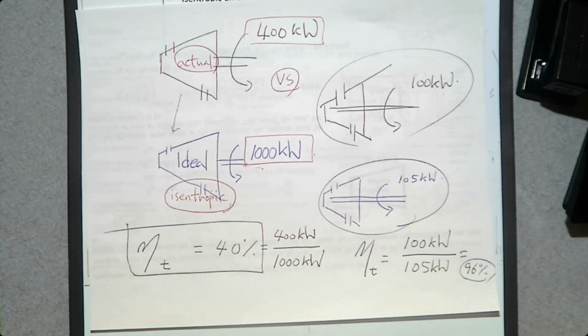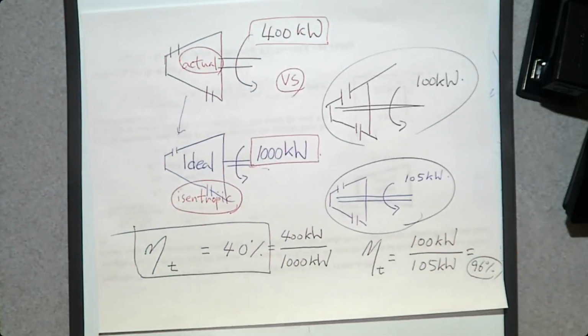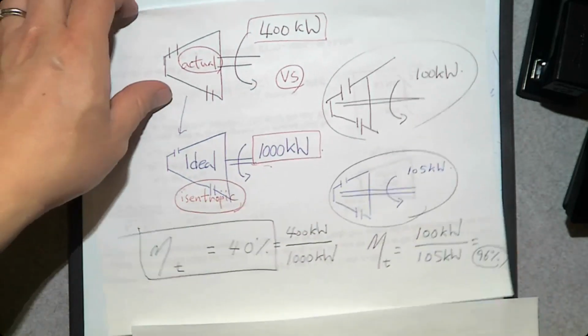The same rule can be applied to any other thermodynamic devices. What if you don't like turbines? You're going to work for a company that produces compressors, like a company that produces air conditioning systems or refrigerant systems, or car engines where we have compressors.